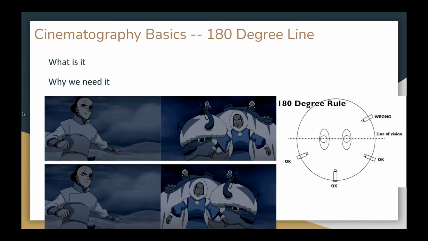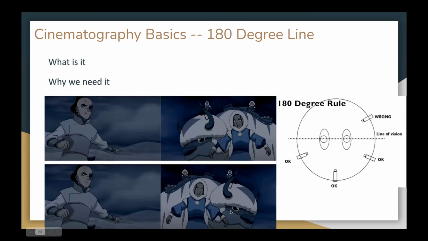So I've got this example here. Here's how the scene plays out. You've got Prince Zuko here on the left, and he's facing right. And you've got Katara here on the right, facing left. That's your 180-degree line right there. You've determined that that is where these characters are looking. And let's say you don't follow the rule and you flip one of them.